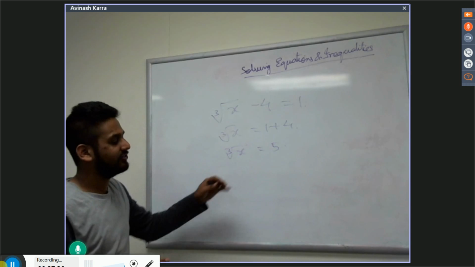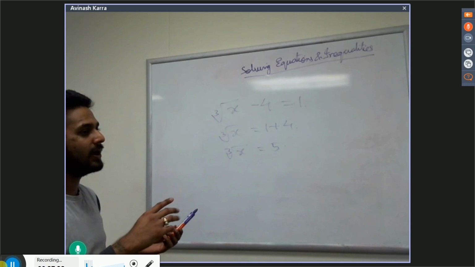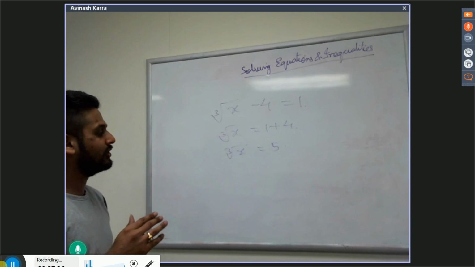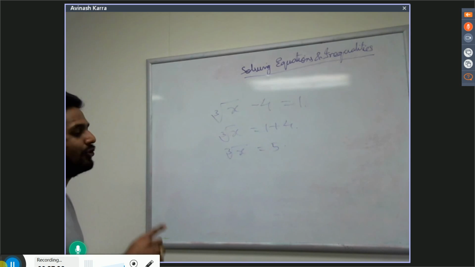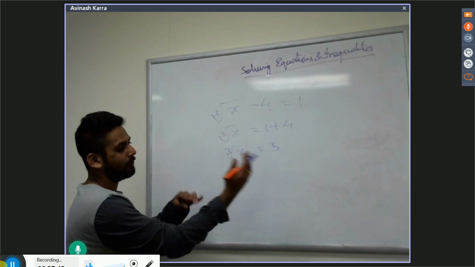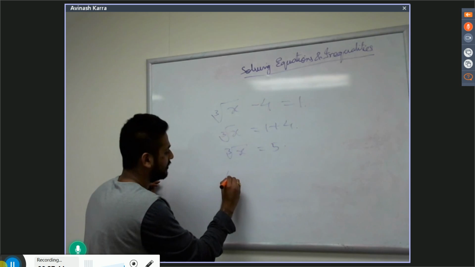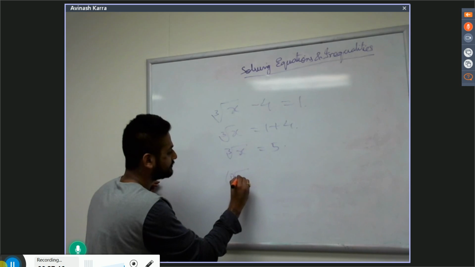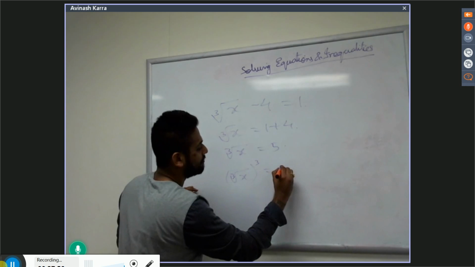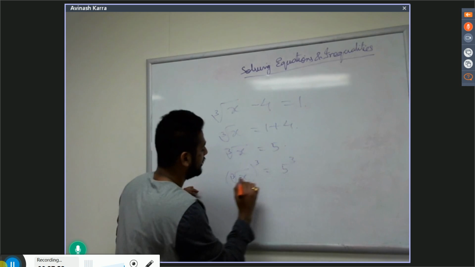What is square root? Square root is nothing but the inverse of square. What is cube root? Cube root is nothing but the inverse of cube. So apply cube on both sides: cube root of x to the power of 3 is equal to 5 to the power of 3.